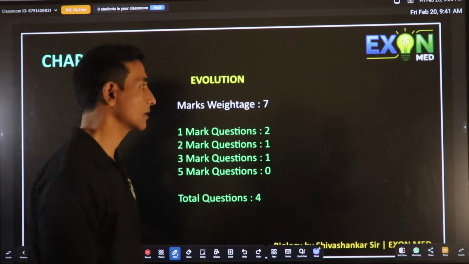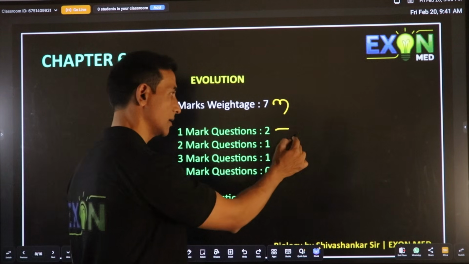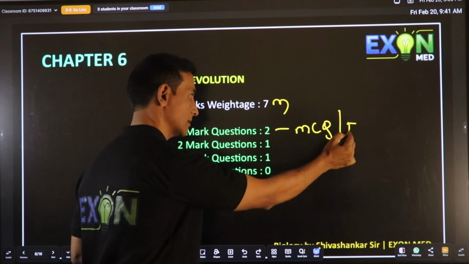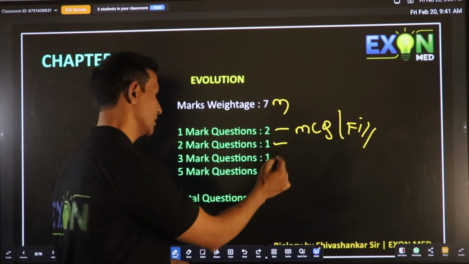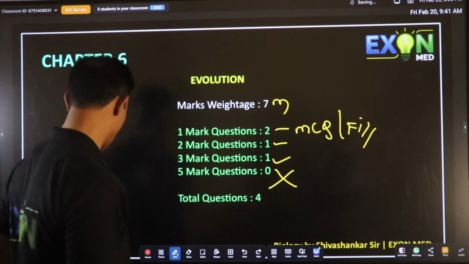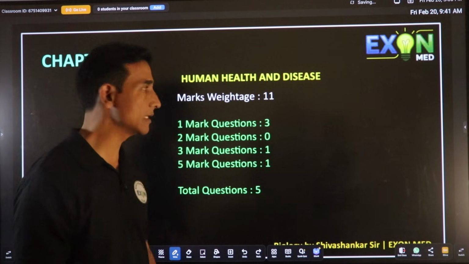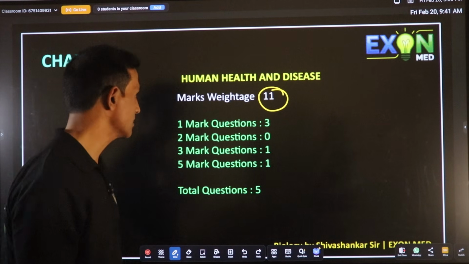Next, evolution. The weightage is 7 marks. There are 2 questions of 1 mark, so MCQ and fill in the blanks, so you have to prepare for 1 mark. And 1 question of 2 marks, 1 question of 3 marks and no 5 mark question here. Next chapter is human health and disease. It carries 11 marks like sexual reproduction in flowering plants.